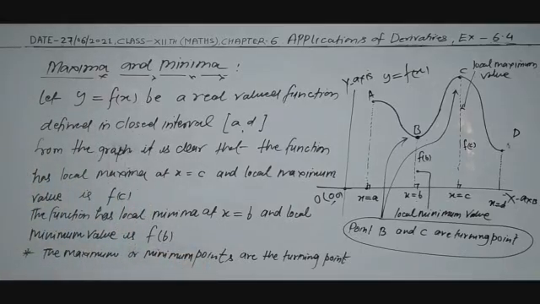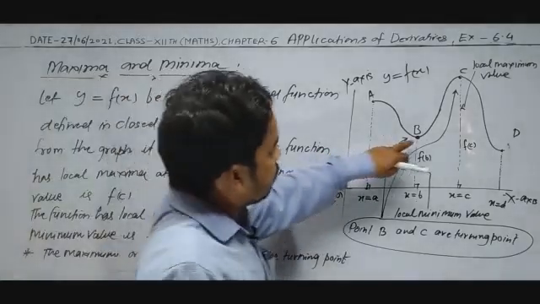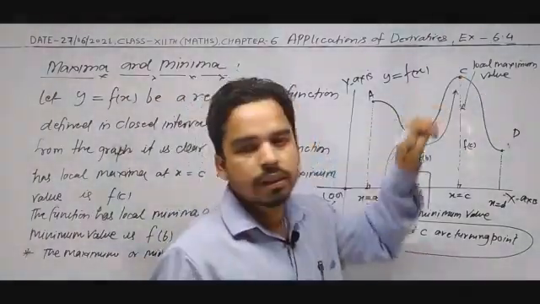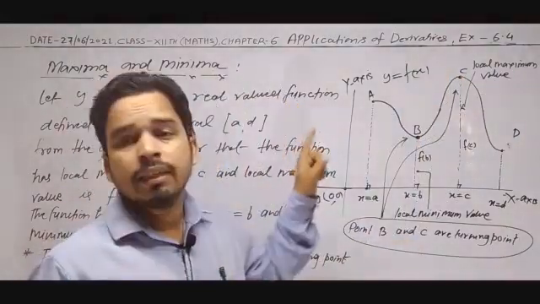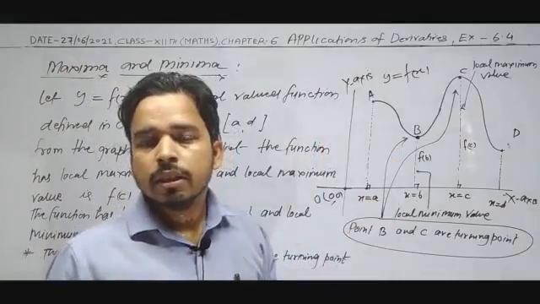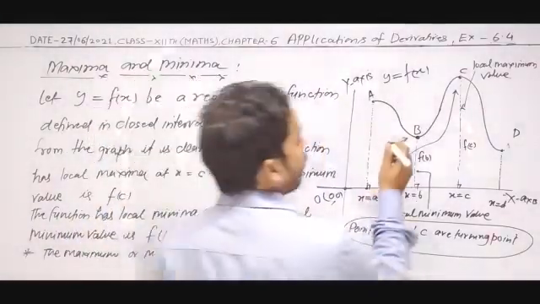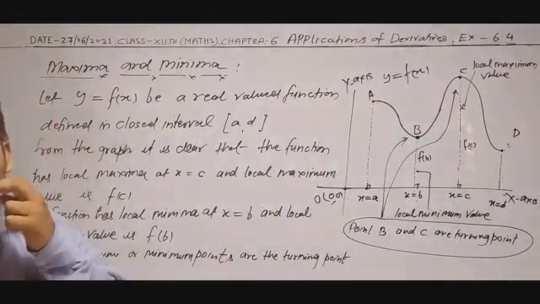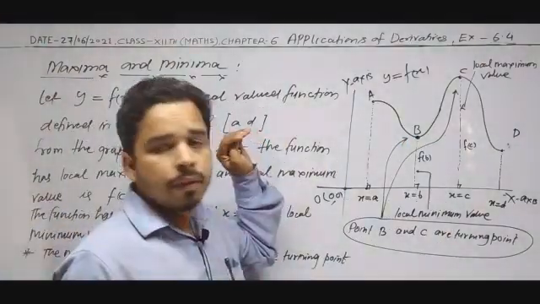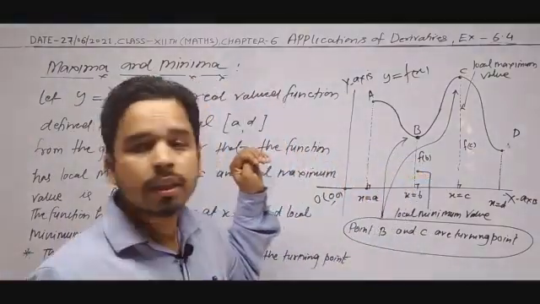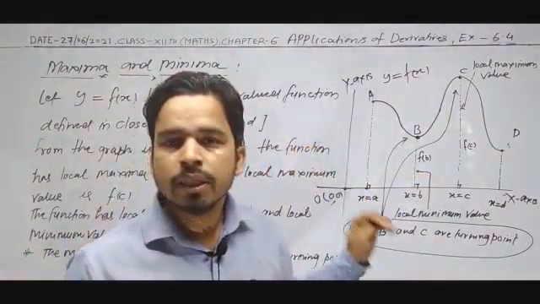So these points B and C on the curve are the points where the tangent is parallel to x-axis. When you draw the tangents, you will get that the tangent is parallel to x-axis.